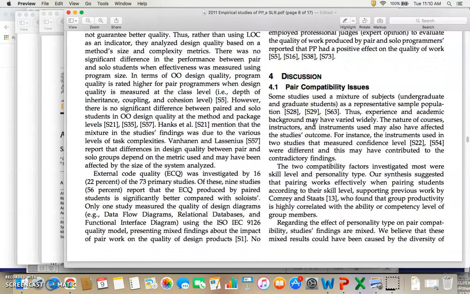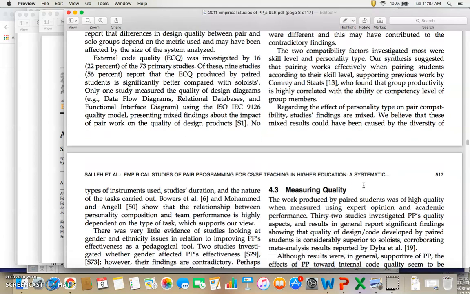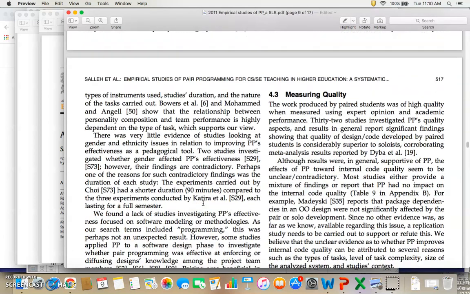And then I provide some discussion. This is where the interpretation of the results was done, where I explained, for instance, why that is so. The two competitive factors investigated most were skill level and personality type. Our synthesis suggested that pairing works effectively when pairing students according to their skill level, supporting previous work. There was little evidence of studies looking at gender and ethnicity issues.